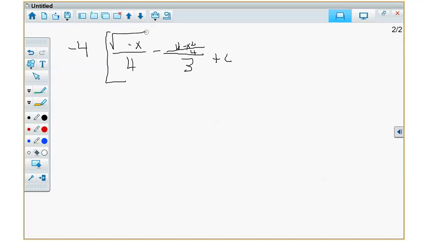Square root of 16 minus x squared over 4 minus the square root of 16 minus x squared over 4 all to the third. This whole thing right here is to the third. And what goes out here? 4 to the third? It's negative 4 to the third.